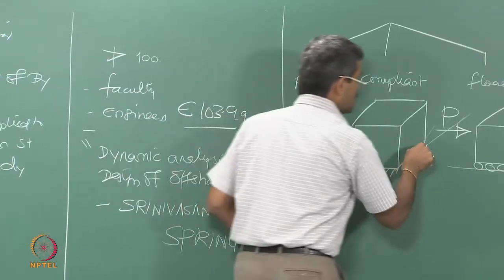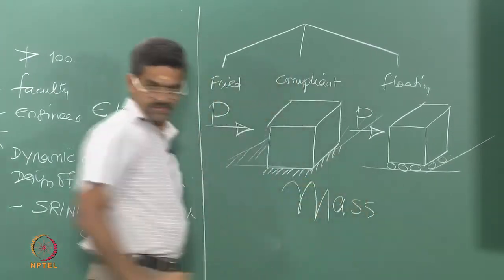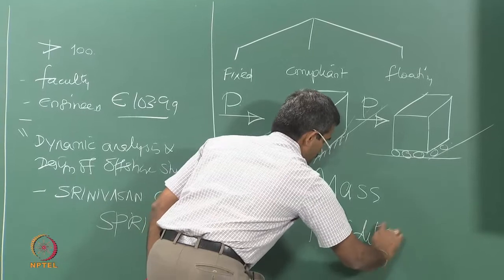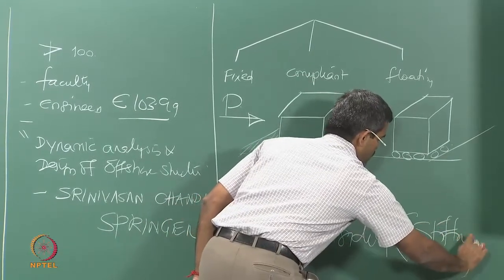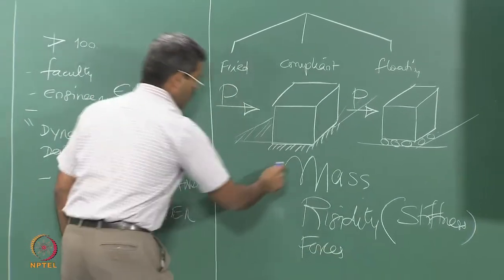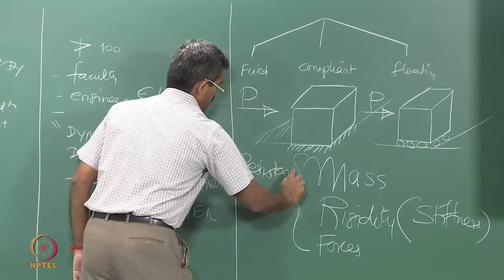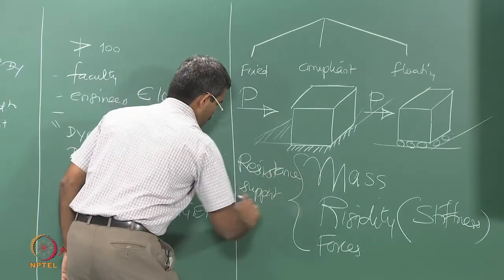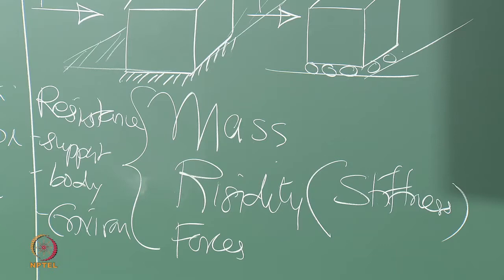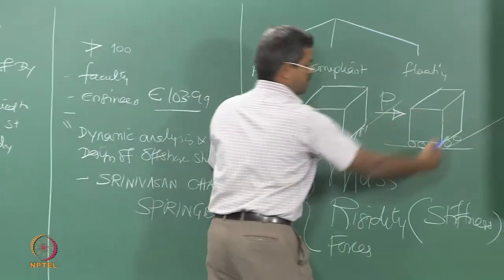So, you need to know the support conditions, the body dimensions, the mass of the system, the rigidity of the system, which we call stiffness, the forces on the system, and most importantly the resistance offered to the system, maybe from the support, maybe by the body itself, maybe by the environment, what we all call damping. So, we must have the system in visualization first.